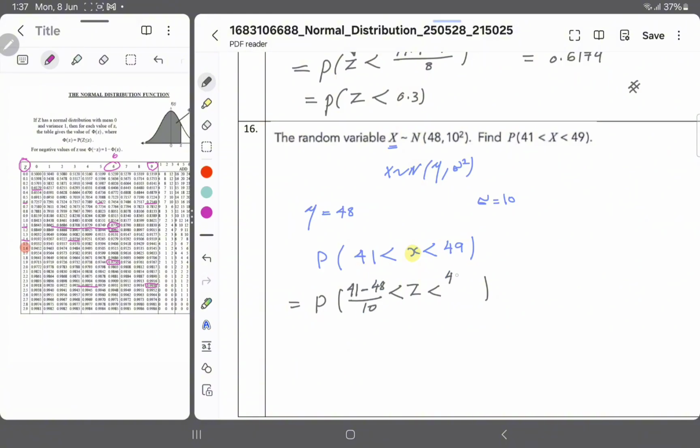The value of x here, 49 minus 48 divided by 10. So we got that the probability of z lies between 41 minus 48, negative 7 divided by 10, it will be negative 0.7. And here 49 minus 48, 1 over 10, it will be 0.1. Now we're going to represent the diagram.